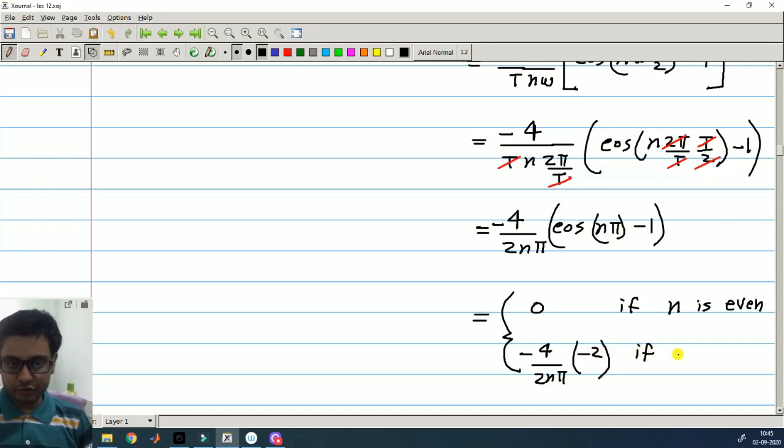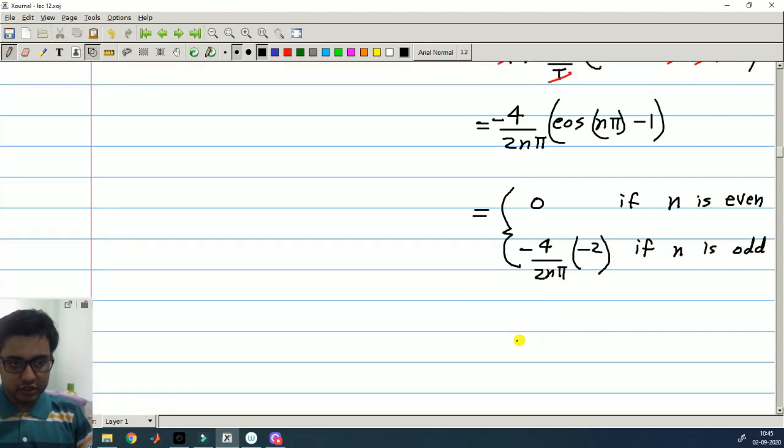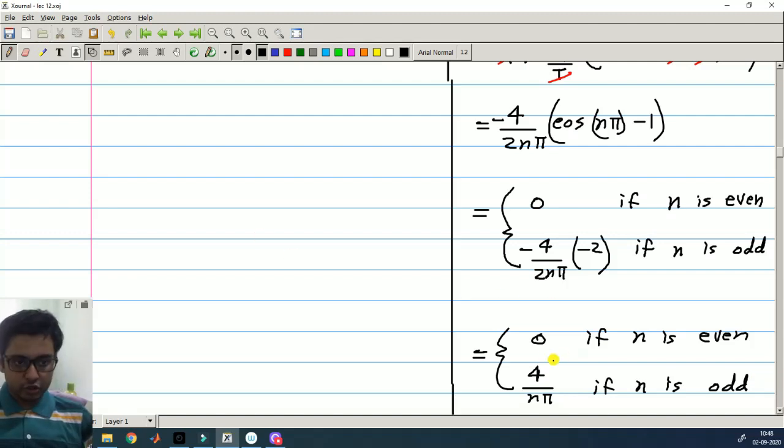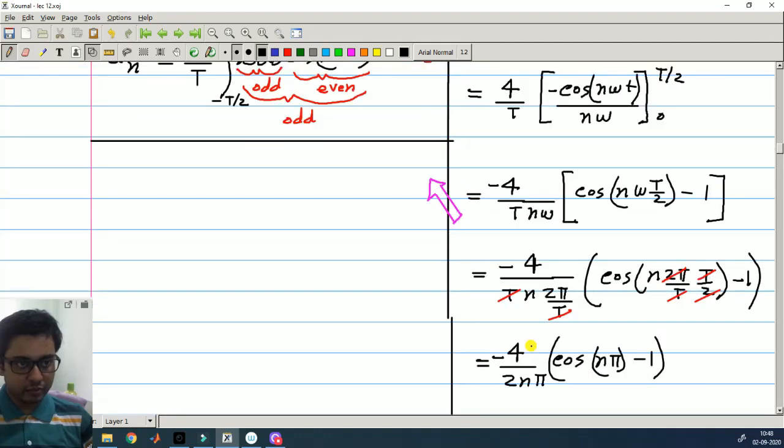So this is if n is odd. So simply we can write that this is equal to 0 if n is even, and this is plus 4 by n pi if n is odd. So we have found a0, an, bn, everything.